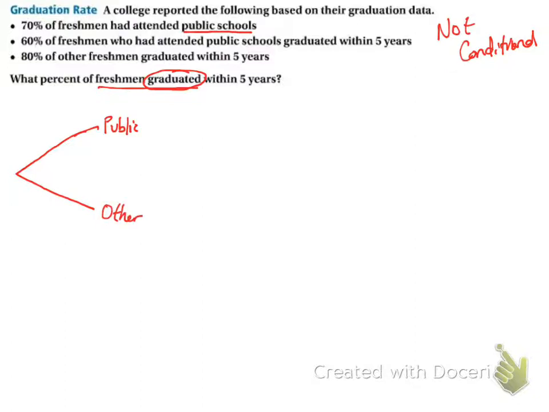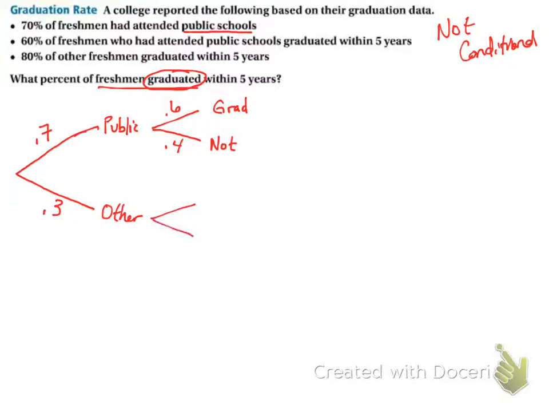So if they went to public school, it was 70%, so 0.7 of the freshmen attended public school, which means that for the other half of it, there would have to be 30%. Then from the public school, I'm looking for graduate and not. So it tells me that 60% of freshmen who attended public school graduated. So this is going to be 0.6, and then this would be 0.4.